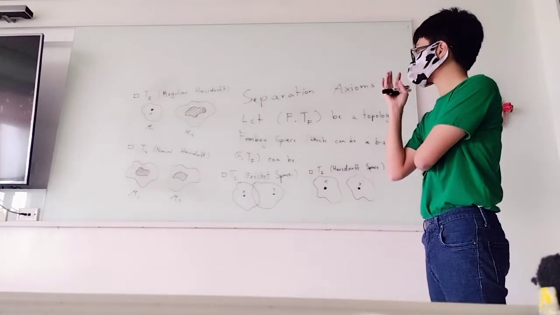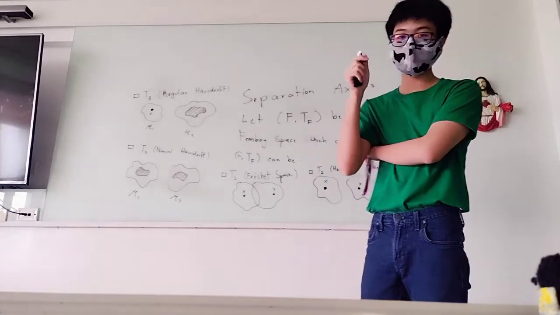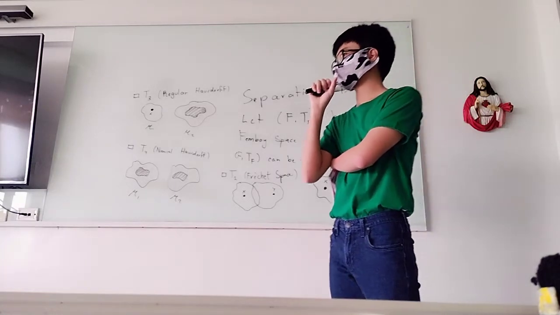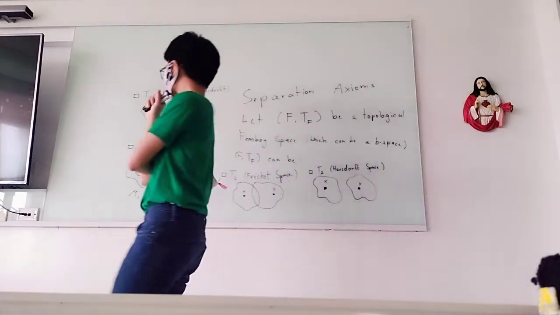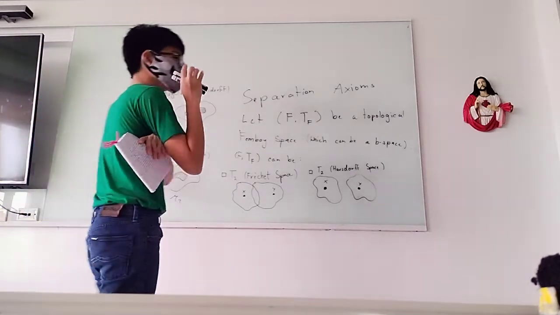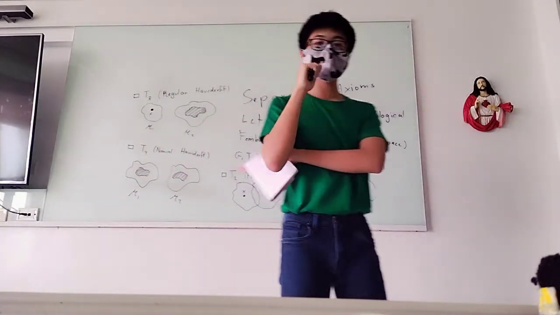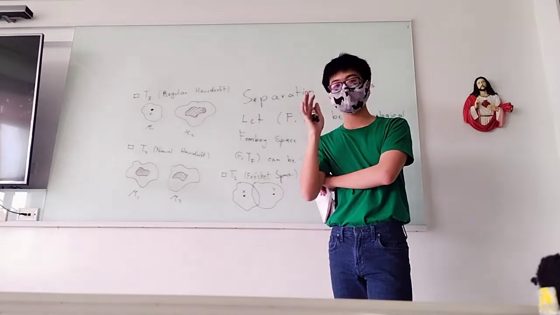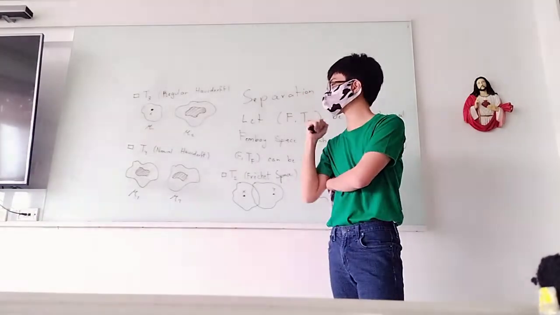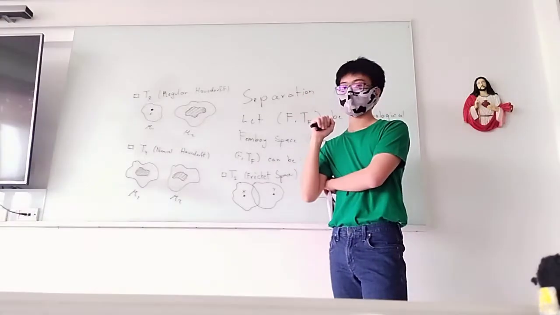Now how about metric spaces? Let's consider metric spaces. We know that R cross R space, the most common space that we use here in topology, is a metric space.